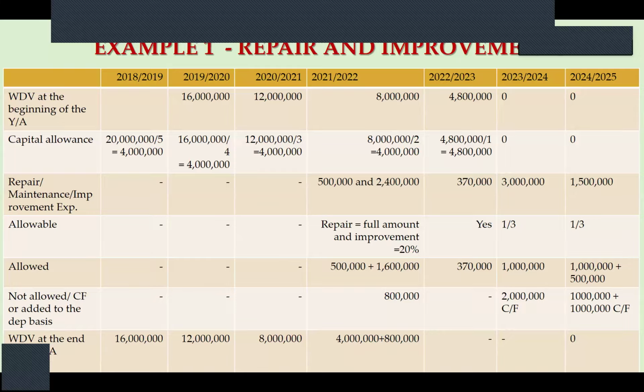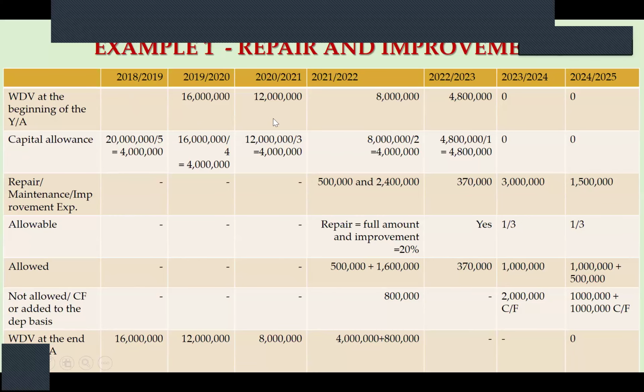Again for the year of assessment 19-20, we can grant capital allowance by dividing it by 4, because we have a 5 year period. 18-19 is the fifth one, 19-20 is the fourth year. So we divide by 4 to calculate the capital allowance. Then we have the written down value, that is 12 million.